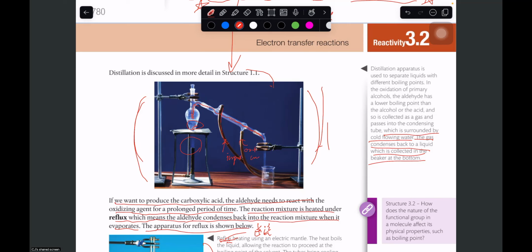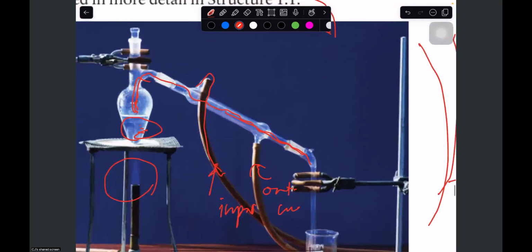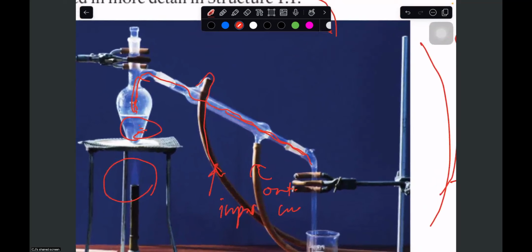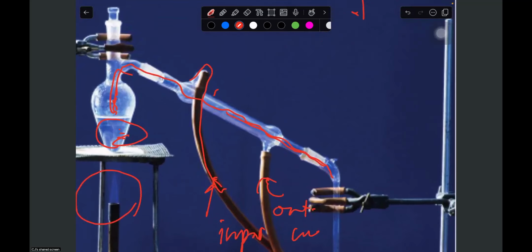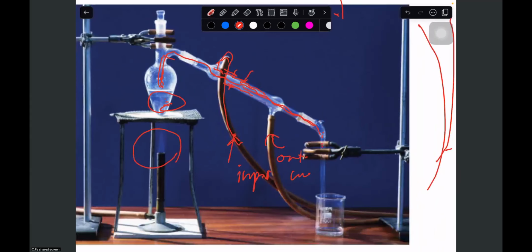So the cold water will come here, and we can see there's a space between the inner pipe and the outer pipe, right? So the water will cool this alcohol gas. The alcohol gas will become liquid again, and we can collect it here.